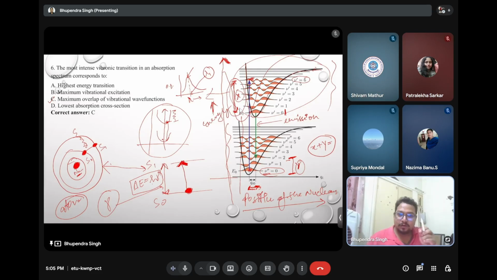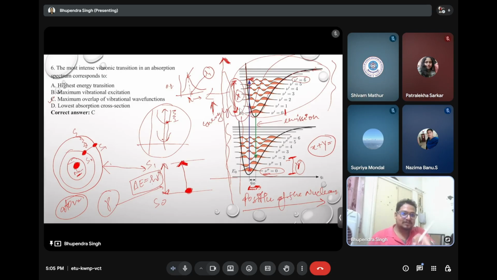If you read about the Born-Oppenheimer approximation, then you will understand. Because in that, we have considered that the position of the nucleus is not changing. If we consider the position of the nucleus also changing with the electronic transition, then the calculation will be very difficult. That is why in the Franck-Condon principle they have considered that the position of the nucleus is not changing, but it changes.